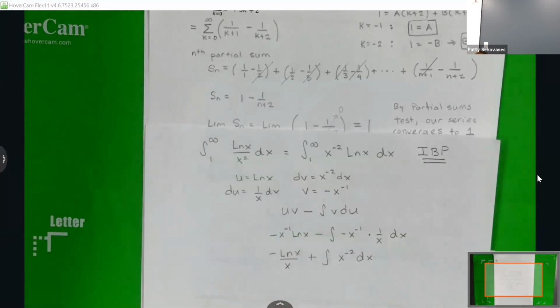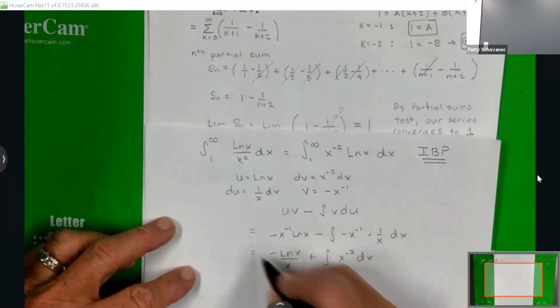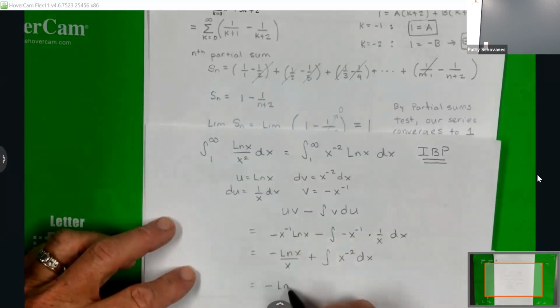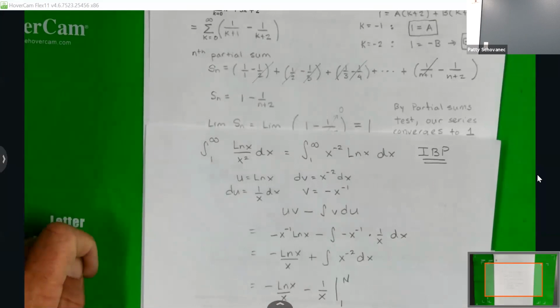Well, we just integrated x to the negative 2. We got minus x to the minus 1. Now we have to evaluate this. Let's do it from 1 to n, and then we're going to take the limit as n goes to infinity.